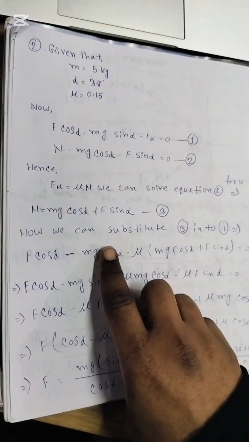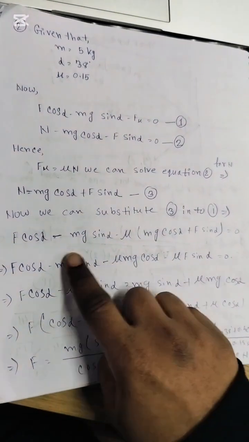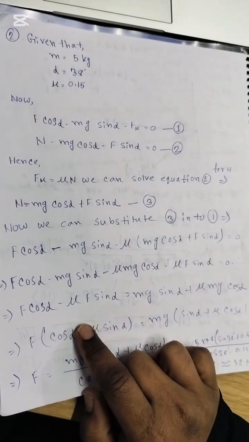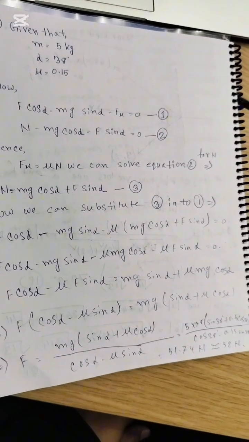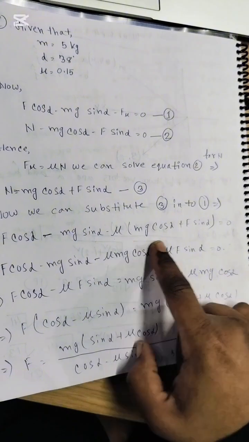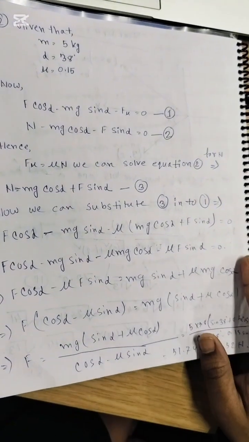Now we can substitute 3 into equation 1. In equation 1, f cos alpha minus mg sin alpha, in place of f mu we can write mu into mg cos alpha plus f sin alpha.